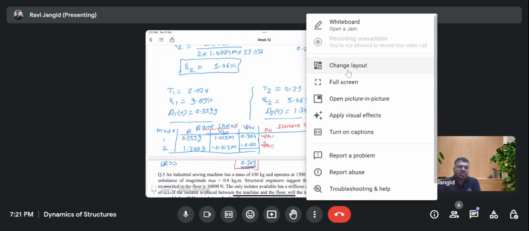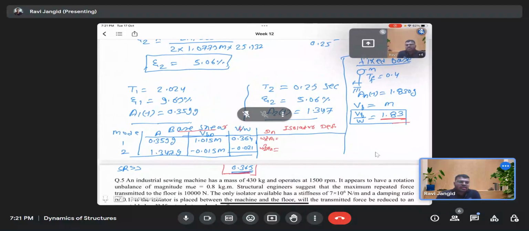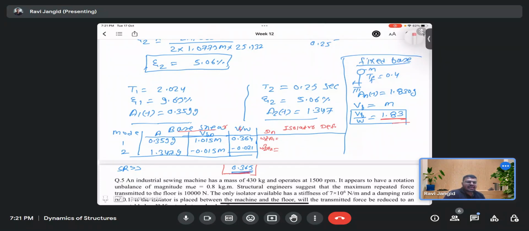Okay. So you got the review of how the isolator works. Now you can calculate the isolator deformation.